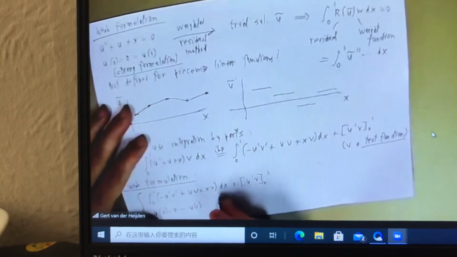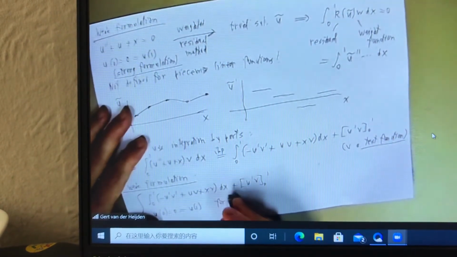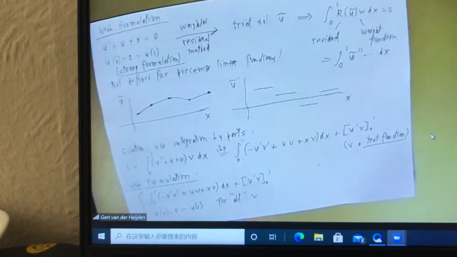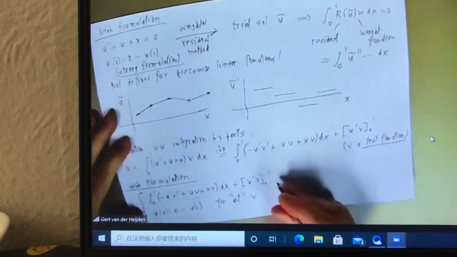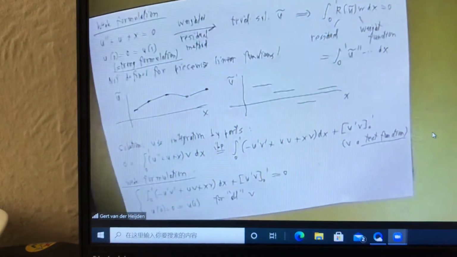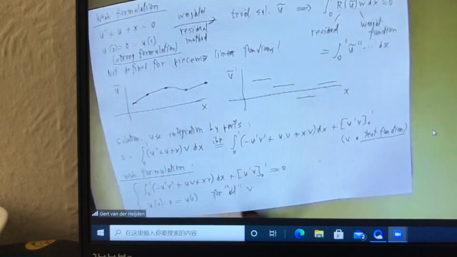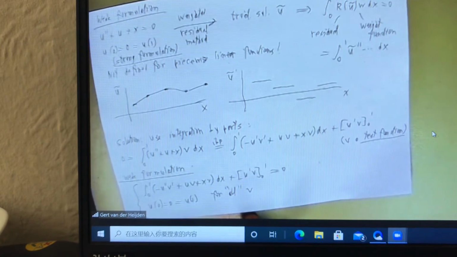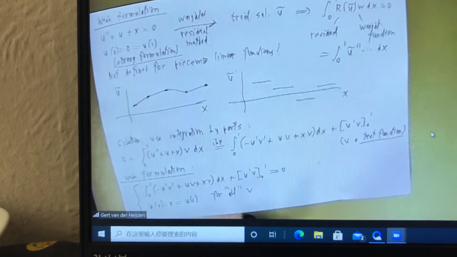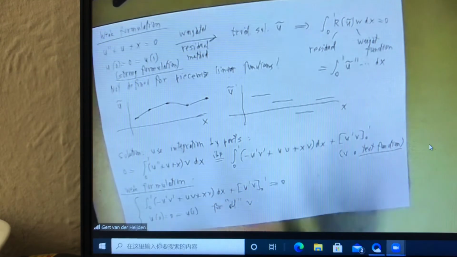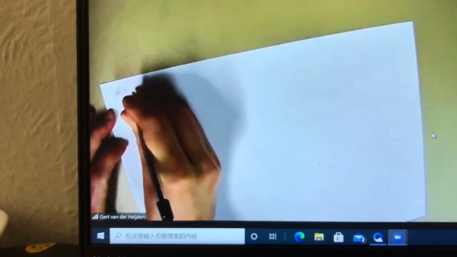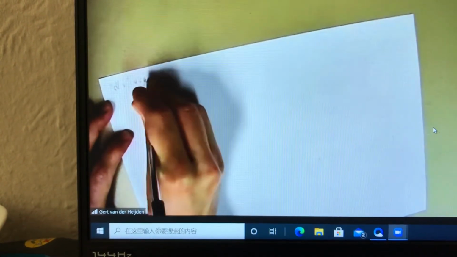And then for all v, and this must be 0, of course. Now it turns out that it's sufficient if this holds for all v that satisfy the homogeneous form of any Dirichlet boundary conditions. And that's what's usually taken to mean all v.